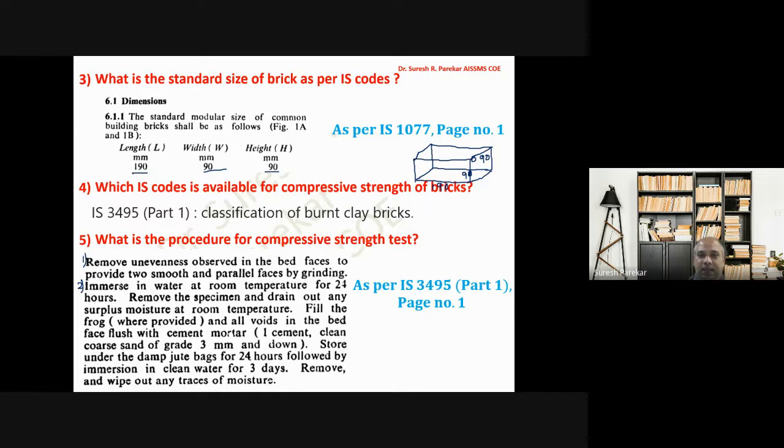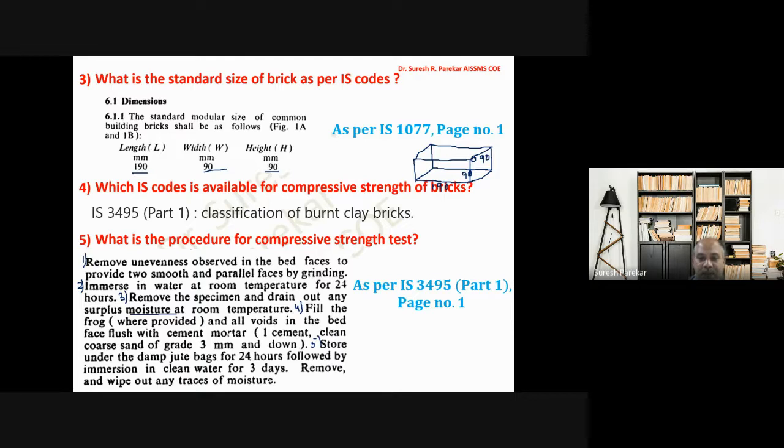Immerse the bricks in water at room temperature for 24 hours. After this, we have to remove these specimens and drain out any surplus moisture that is available on the faces at room temperature. Then fourth, fill the frog where provided, and all voids in the bed face, flush with the cement mortar, one cement, one clean coarse sand of grade 3 millimeter and down. Then fifth, store under damp jute bags for 24 hours.